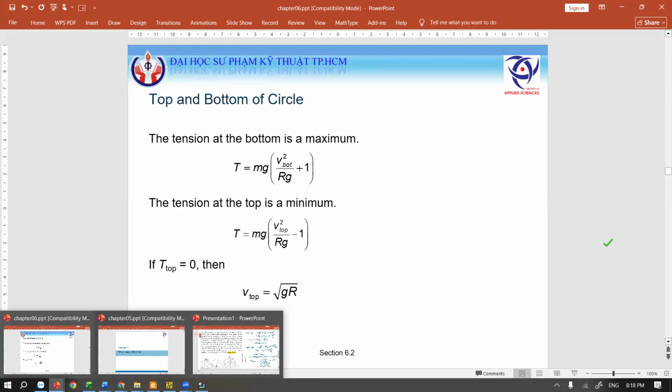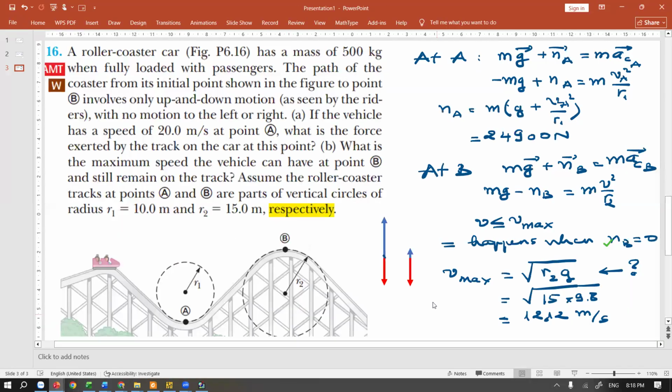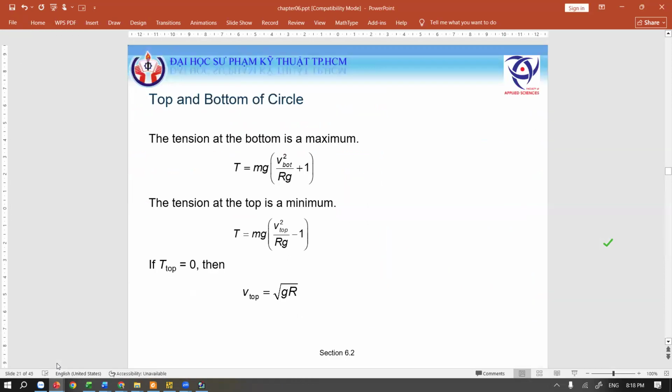But compared to this one, the force here is a normal force, right? So this will be the maximum value. So the same square root of RG or LG or something like that. But here you have the maximum value. Another one here, you have minimum value. But the same expression, the same value for square root of g R, right?